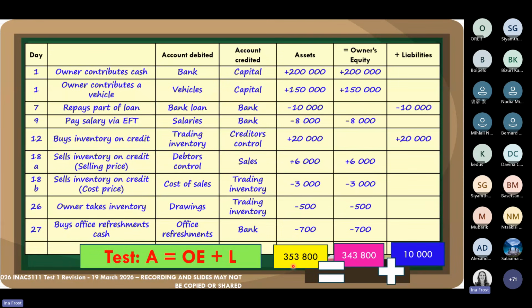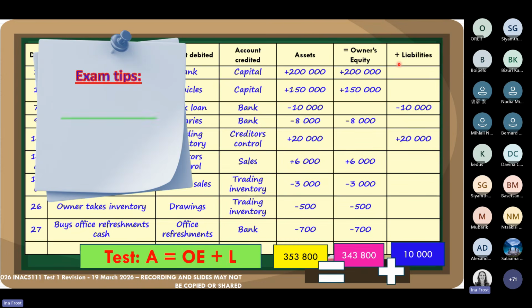Because what we often find when we're marking these questions, students might have got the symbol incorrect. So they might have put a plus, say, on the one side and a minus on the other side, or they might have written 8,000 and then said 80,000. And of course, if you've made those kind of mistakes, it will pick it up when you do this calculation quickly, just to confirm to yourself that, in fact, for every transaction, my assets are equal to my owner's equity and liabilities.